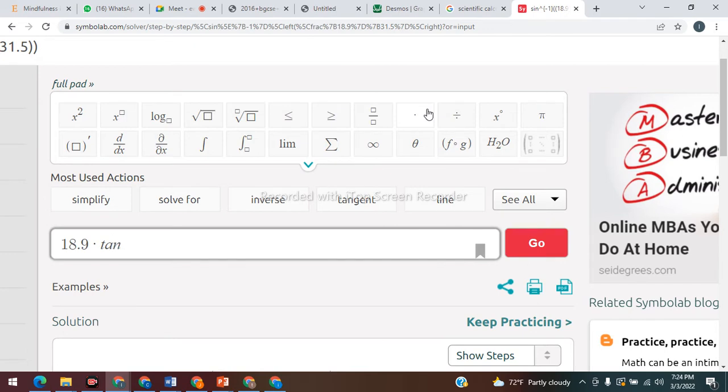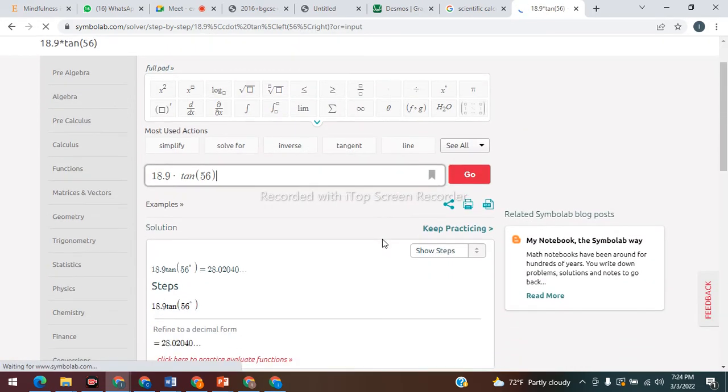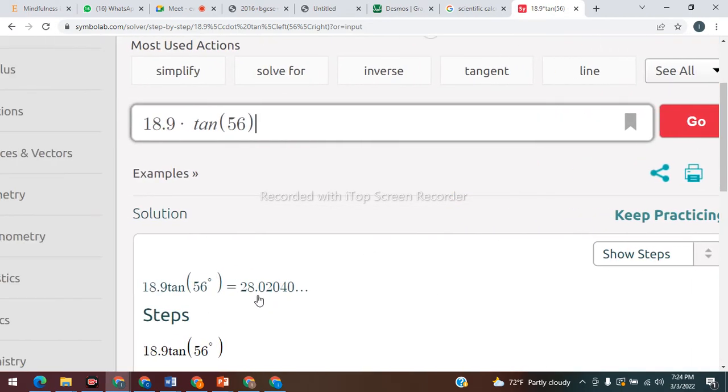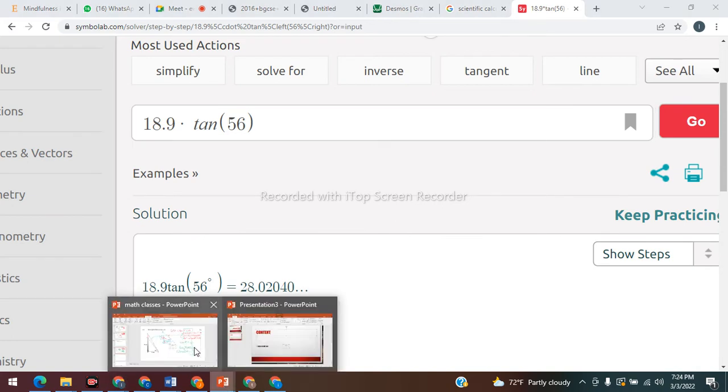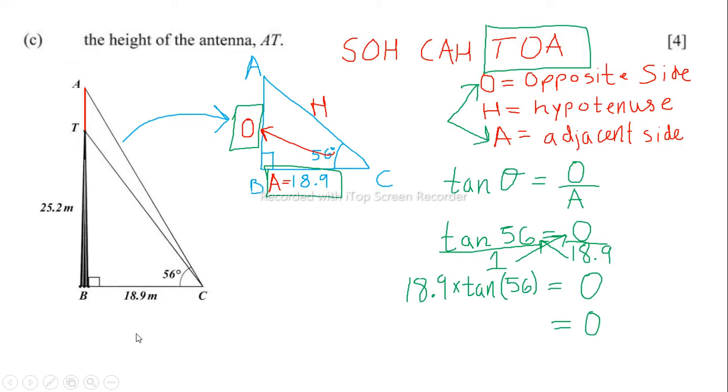Tan is a function that you have on your calculator. And that's going to be equal to 28.02.